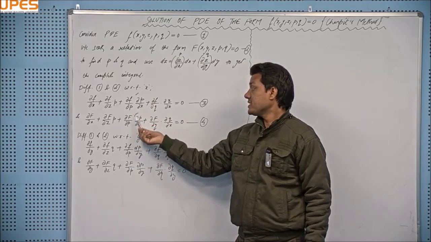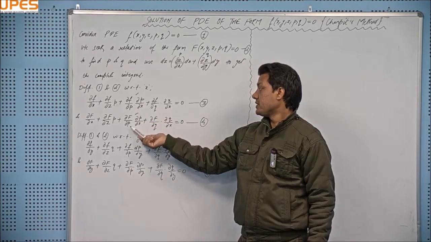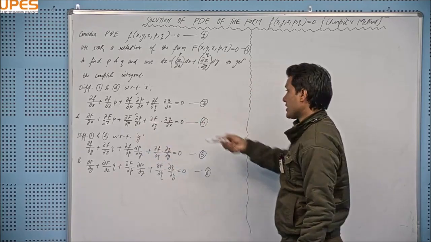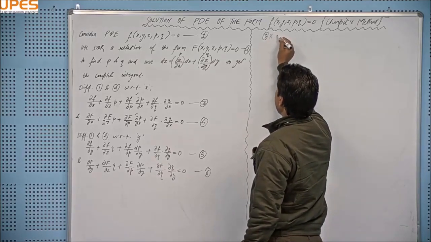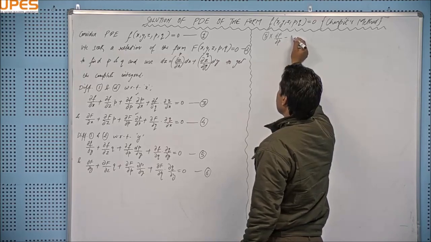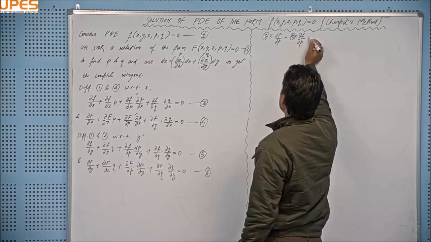You want to cancel it, so you should multiply this by ∂F/∂p and multiply the fourth by ∂f/∂p, in order to cancel the third term. Now third multiplied by ∂F/∂p minus fourth times ∂f/∂p.